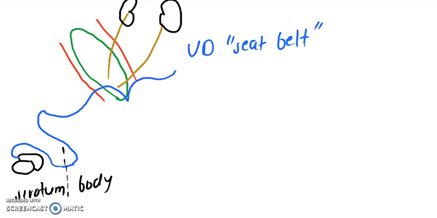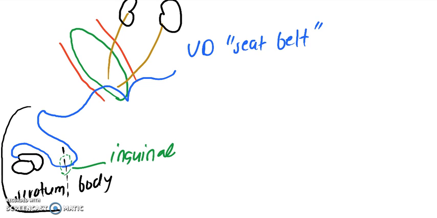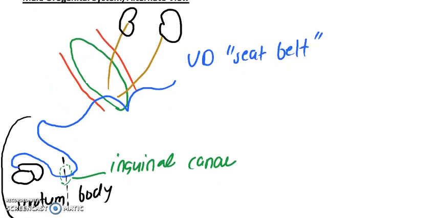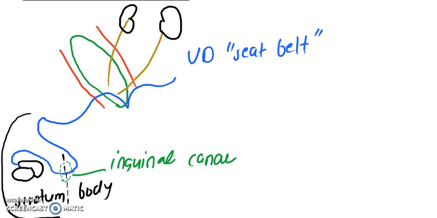Okay, so there is my scrotal cavity. And this pathway that we've crossed, this little tunnel, this is called the inguinal canal. But we still haven't talked about the rest of the urinary part.